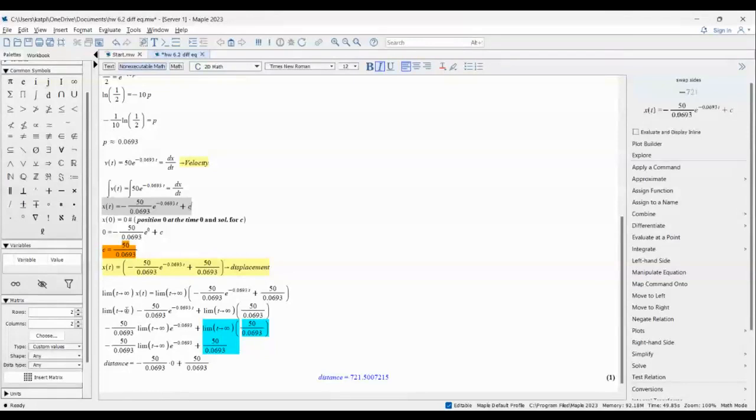Then what I did, I just broke them up. So this side, the limit goes to infinity, and for this side the limit also goes to infinity.